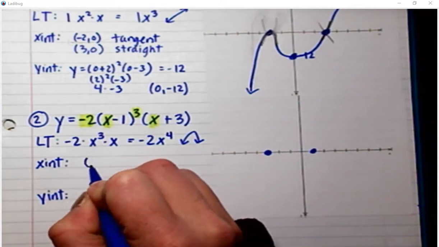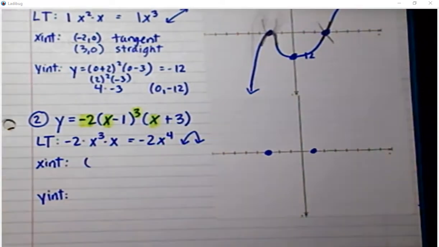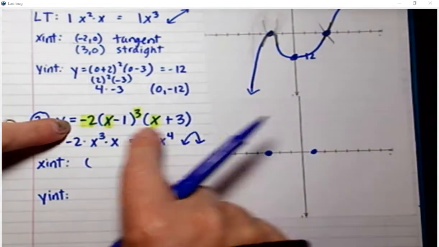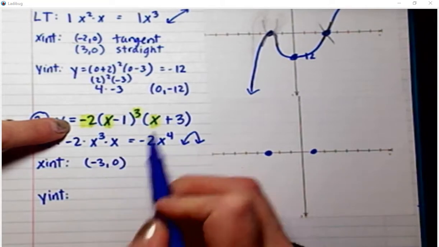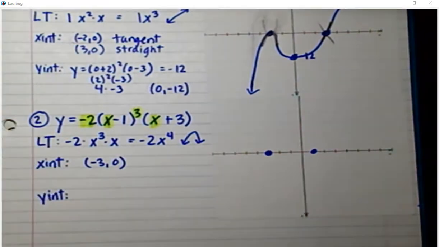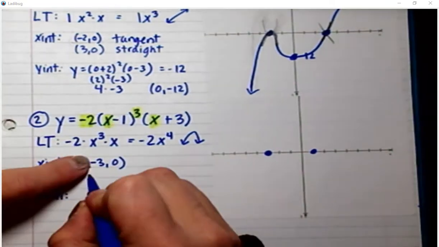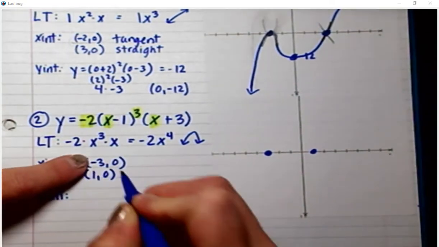Now, when I write down my x-intercepts, I prefer to go left to right. So even though I look at it and think, okay, -3, 0 is actually the most left, I like to go in order because I promise you, your brain mixes things up if you don't. Okay? So -3, 0, and 1, 0.